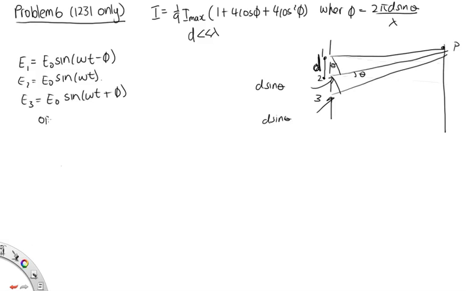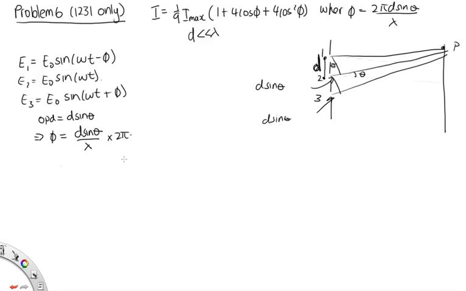And so the optical path difference is equal to d sine theta. That's just what we've said here. And so this tells us that phi is equal to d sine theta over lambda times 2 pi. So this is getting it into radians. This tells us what fraction of a wavelength this optical path difference is.